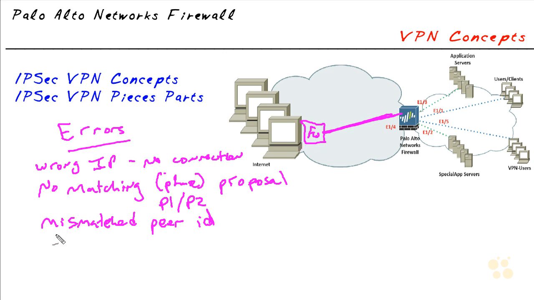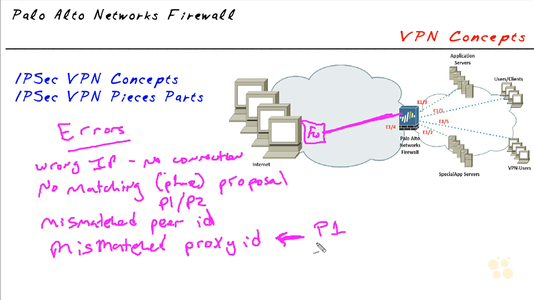You may also have, and really more common one, is mismatched proxy ID. And this is very interesting. In some vendors, it shows up as a phase 1 problem, even though technically it's exchanged during phase 2.